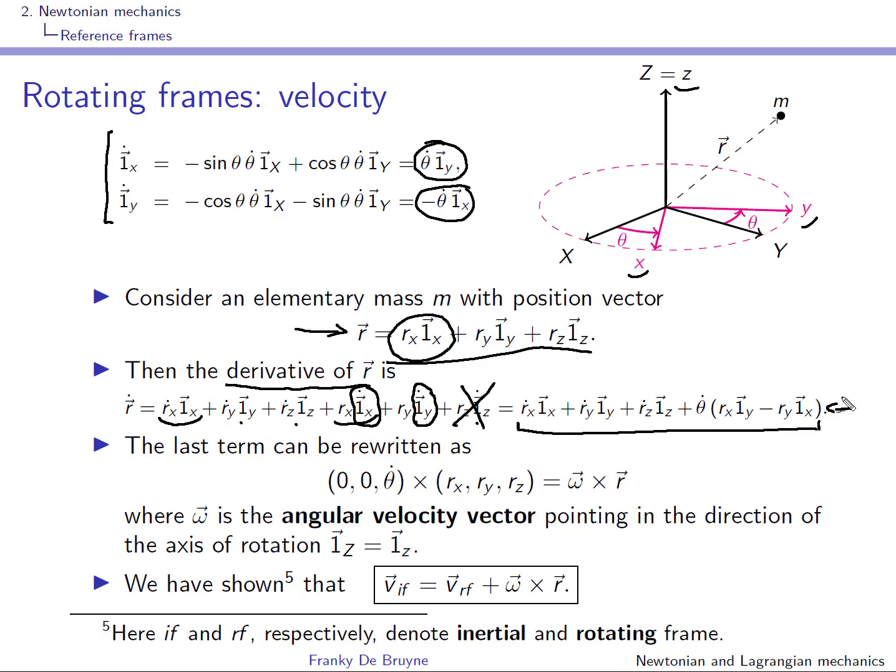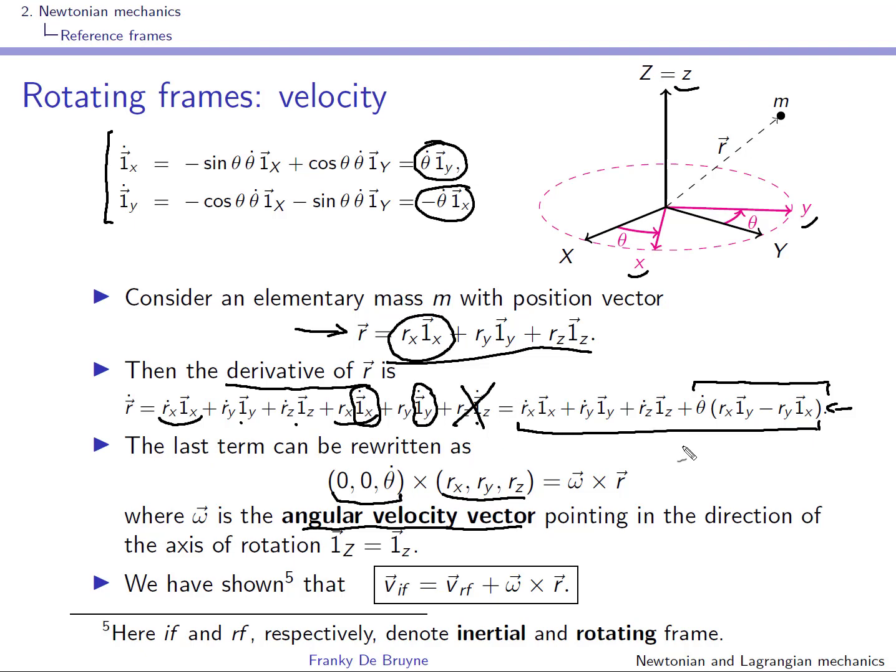And the last term can be seen as a cross product of two vectors. The first vector is the angular velocity vector, and this is pointing in the z direction. It depends on the angular speed, theta dot. And the other vector is the original position vector.